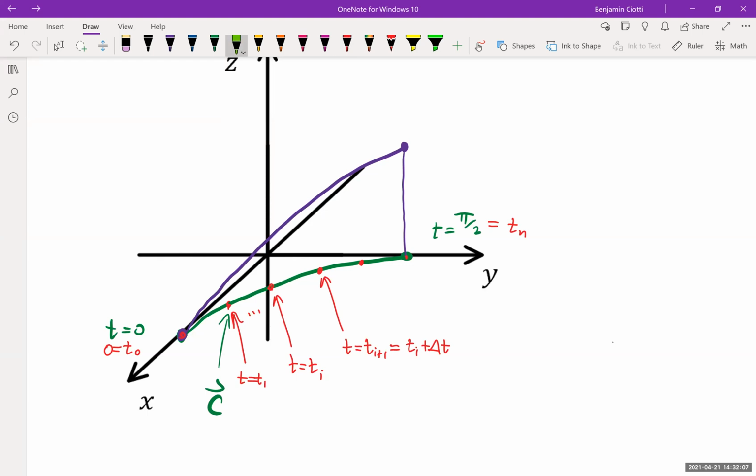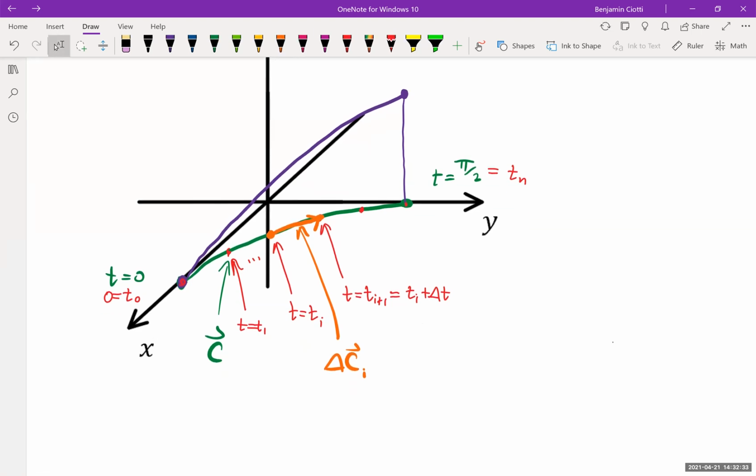So the trajectory position has a certain increase as well. Let's say in going from this point to this point, the trajectory changed by an amount, I'll just call it delta c sub i.